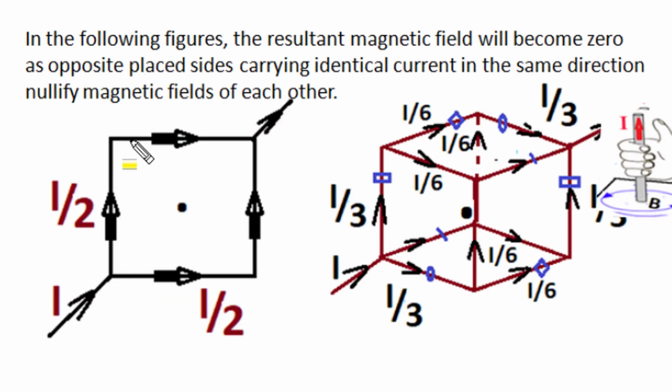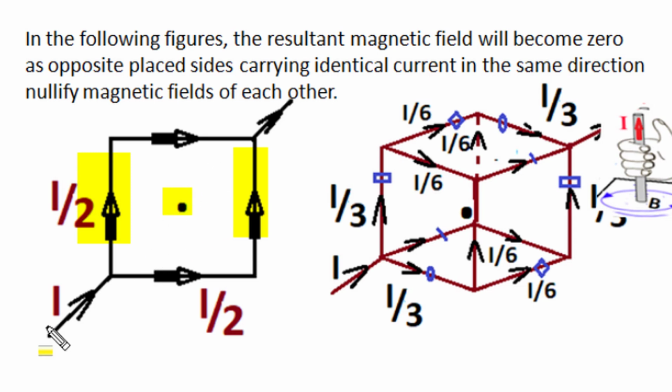In some symmetrical current distributions, the resultant magnetic flux density at our observation position will become 0, as oppositely placed sides carry an identical amount of current in the same direction, and they produce equal and opposite magnetic fields to nullify each other.